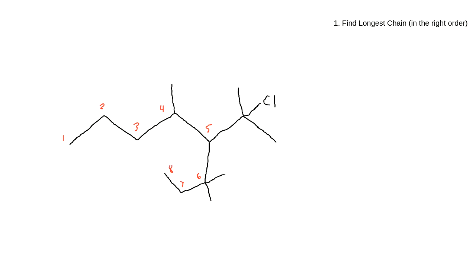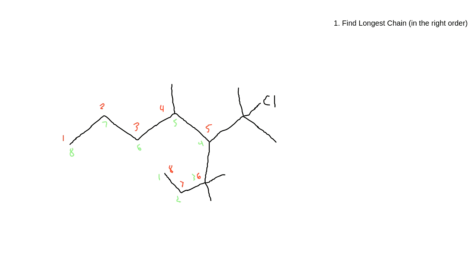However, we can also go from 1, 2, 3, 4, 5, 6, 7, 8. Regardless of which direction we go, we still get the same number because it's dealing with the same carbons, okay?